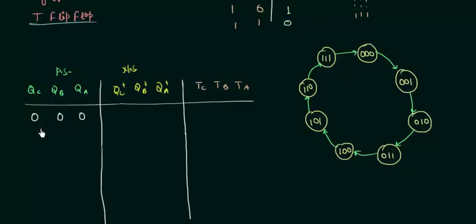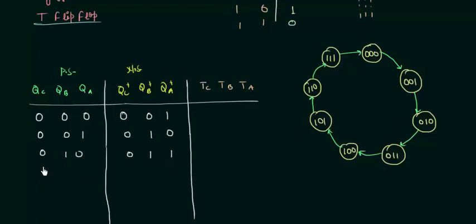When we are at 0 0 0, you can see we are going to the next state, that is 0 0 1. When we are on 0 0 1, the next state is 0 1 0. It is very easy to find out the next state for the counter. If we are on 0 1 0, the next state is 0 1 1, and when the present state is 3, that is 0 1 1, the next state is 4, 1 0 0.